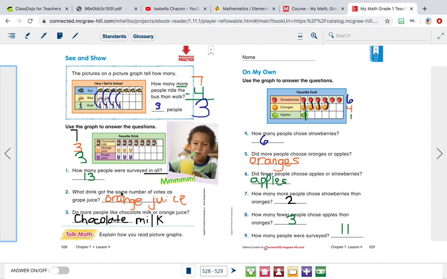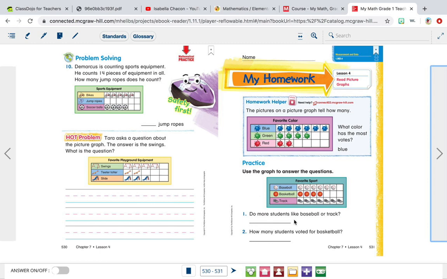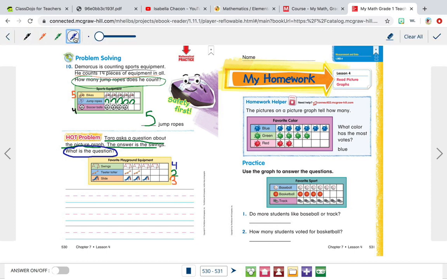What drink got the same number of votes as grape juice? Or this one, do more people like chocolate milk or orange juice? And the answer was a word, chocolate milk. So you're going to ask a question, and the answer is going to be a word. That word is going to be swings. You need to come up with your own question where the answer is going to be swings.